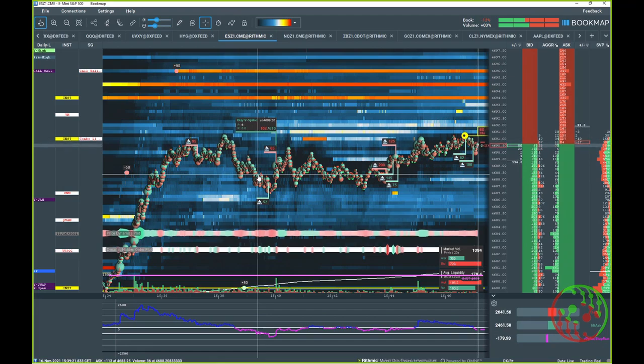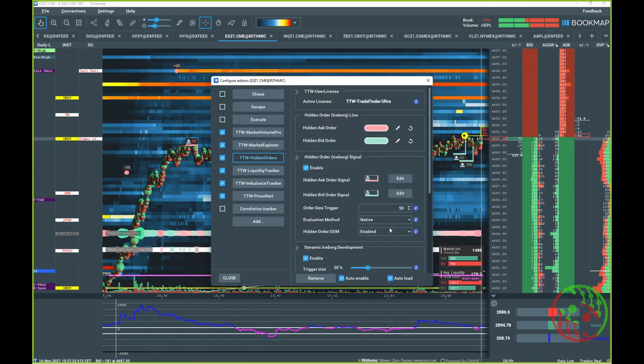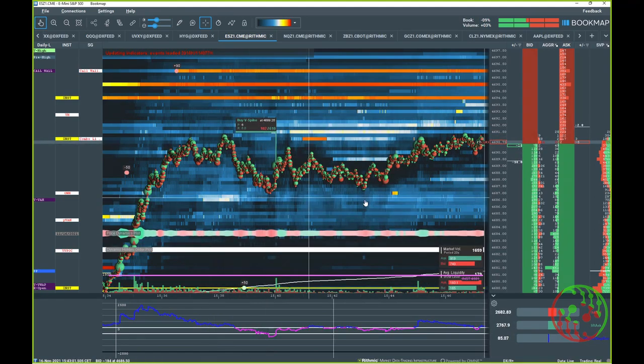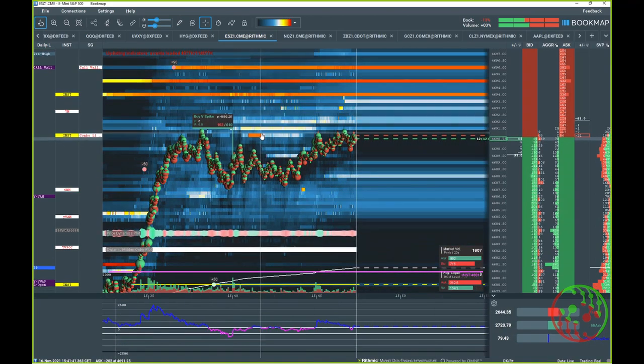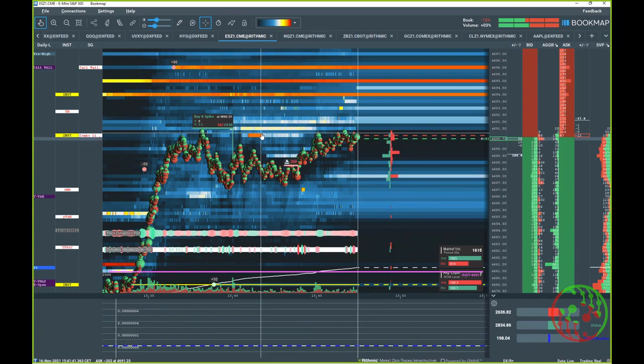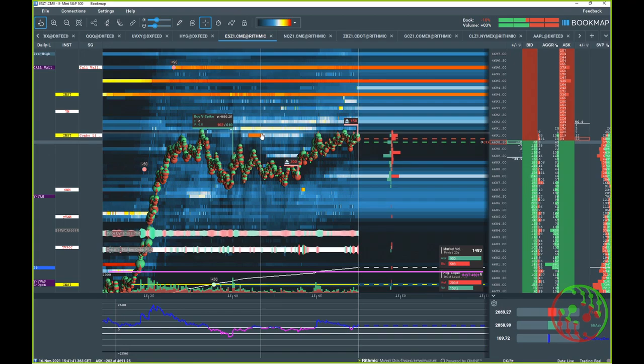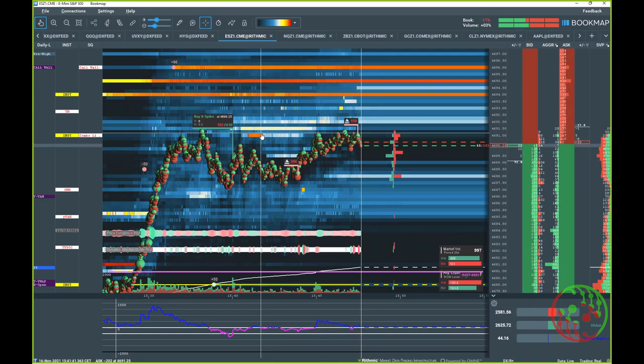Excuse me, I have to reduce the hidden orders here. I don't want to see any smaller icebergs here. When a stop is hit, then it is a fast move. It triggers the stops, and then this acceleration, the energy of triggering stops, is used to accelerate a counter move.